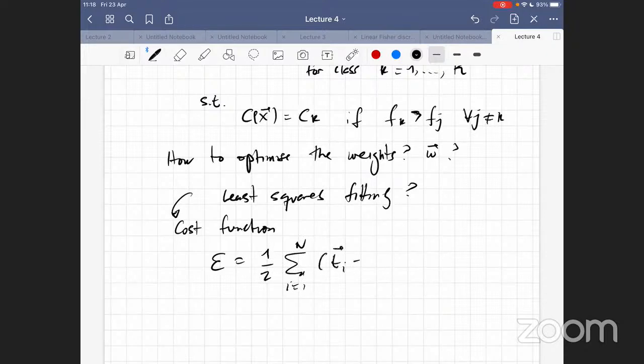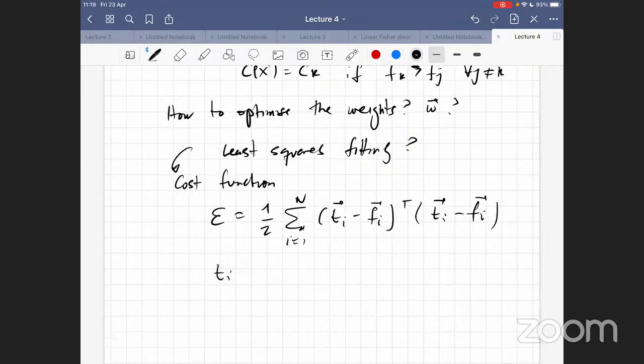Now I am explaining a bit this. So that would be the cost function, where T_i is the 1-of-K scheme or parameterization for point i.